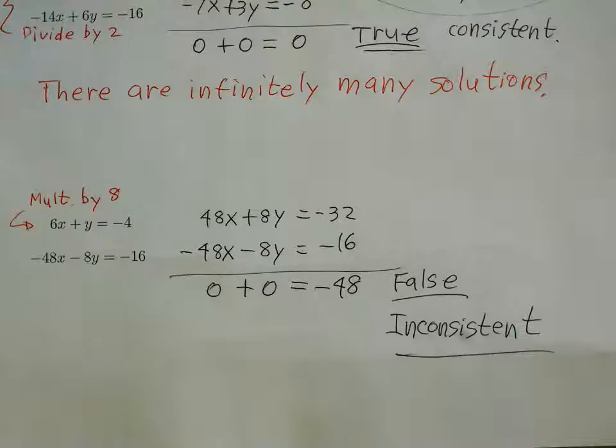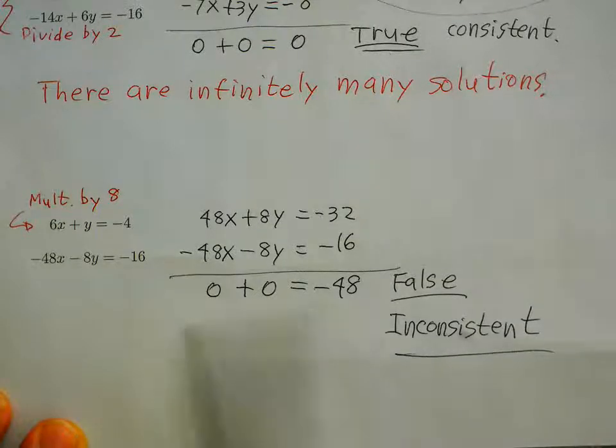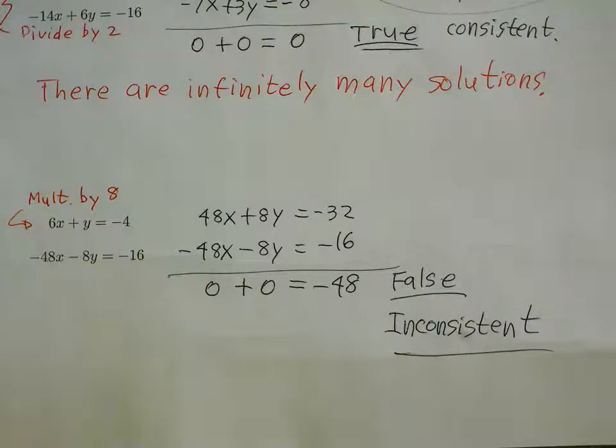So when we're solving a system of two linear equations using the addition method or the elimination method, well, even if you're using substitution, if you end up with no variables in a false equation involving numbers, that means that the two lines are parallel.